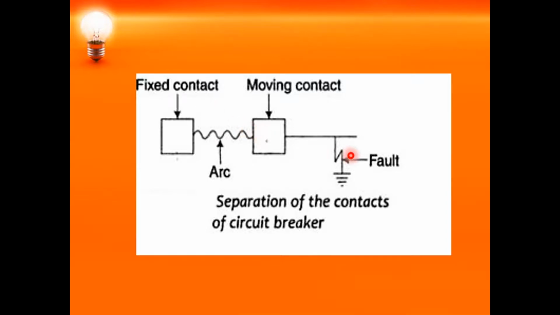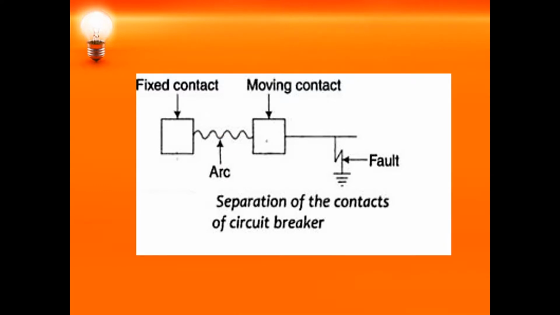Whenever a fault is sensed by the relay, it sends a signal to the circuit breaker. On receiving the signal, the moving contact starts to separate from the fixed contact, which causes a high electric stress in the insulating medium, which in turn leads to the formation of an arc.